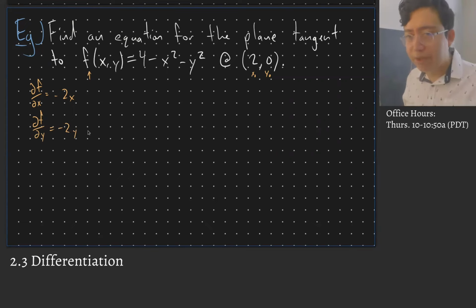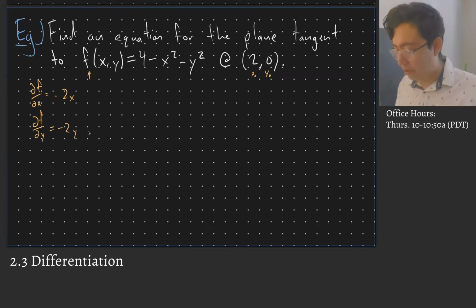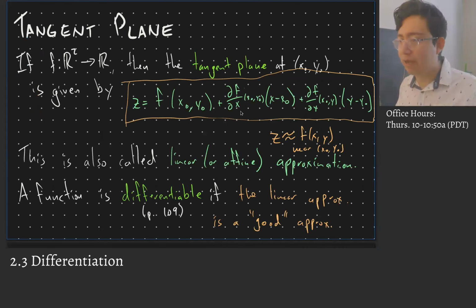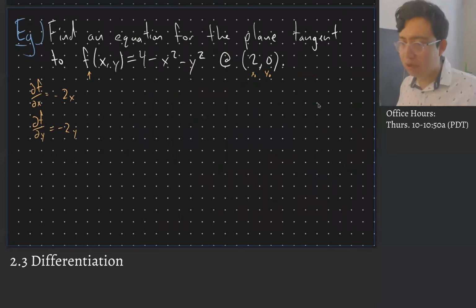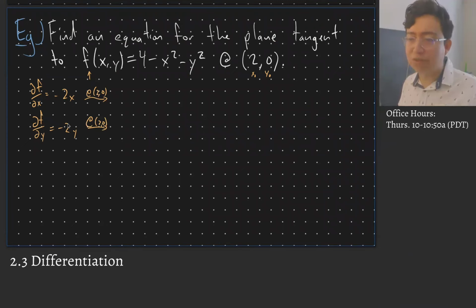So we knew we were going to have to take the partials to compute a tangent plane. You're always going to have to take the partials. But let's look at what else we need. We have the partials, but then we have to plug in the actual point we're talking about, at (2, 0). That's because we want an actual number to come out. We don't want anything with x's and y's.